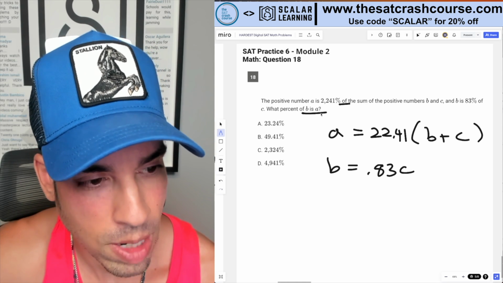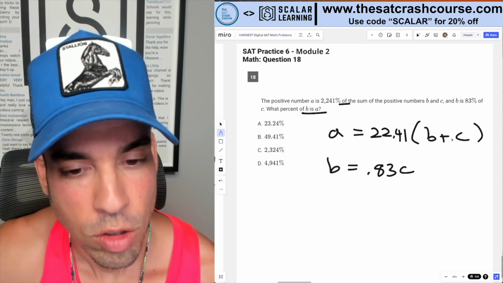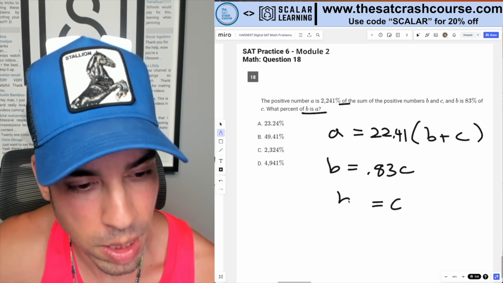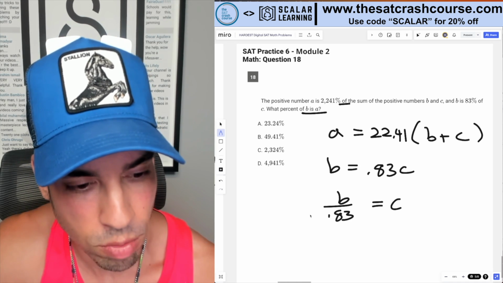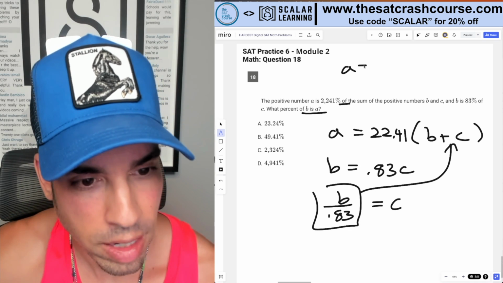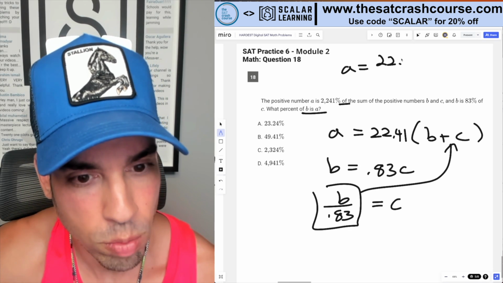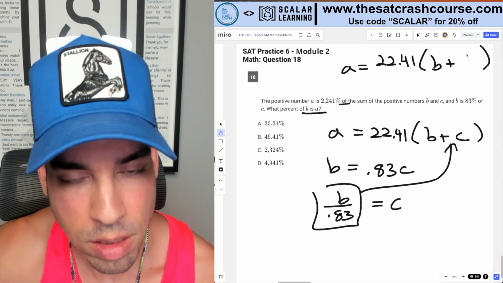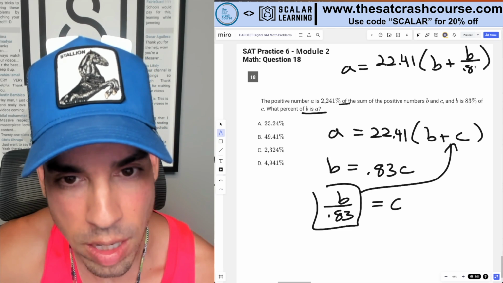I need a relationship now just between b and a. So I want to get rid of that c, so I'm going to isolate c here. I'm going to say c is equal to b divided by 0.83, and then we're going to substitute this in for c over here. So now I've got a is equal to 22.41 times b plus b over 0.83.